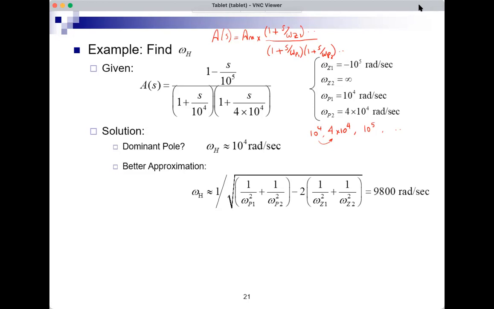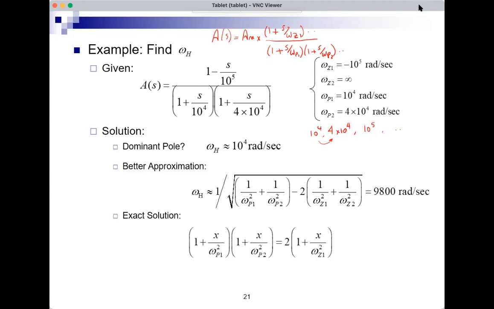If I want to compare with the exact value, I can use the definition of the exact value of omega h, the 3 dB frequency. The magnitude of A would be the magnitude of A at low frequency divided by root 2. And from that, I can develop a polynomial equation that will give me the value of omega h squared.